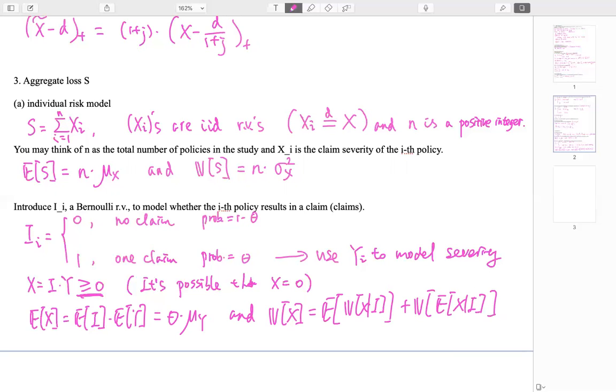And when we condition on I, we consider it's either 0 or 1, right? Once you do the analysis, you will get the result.